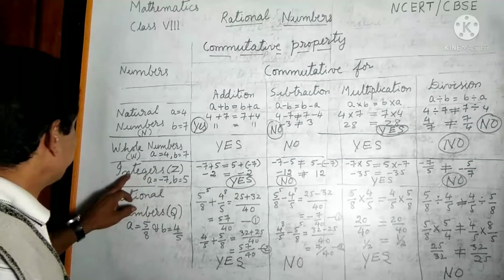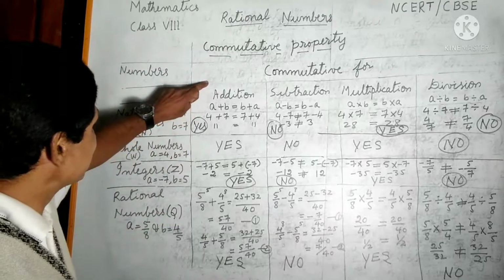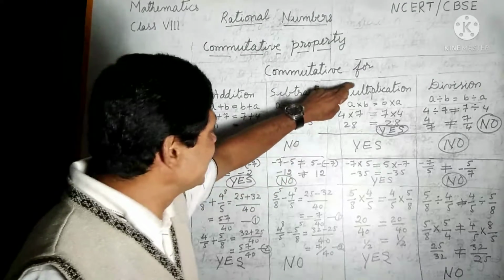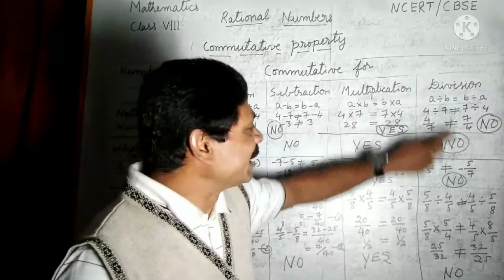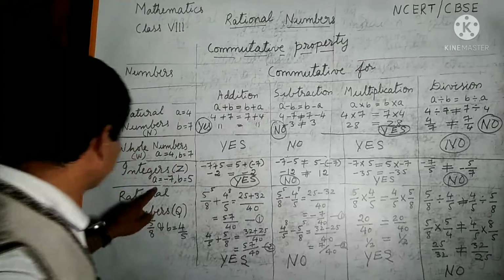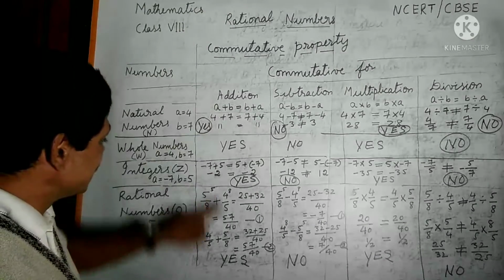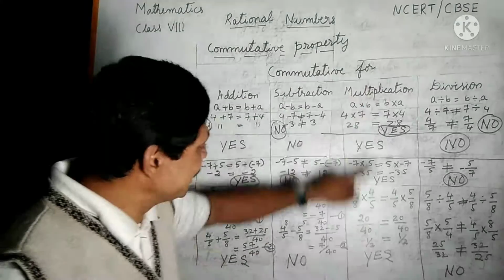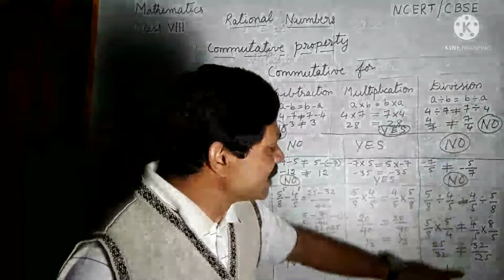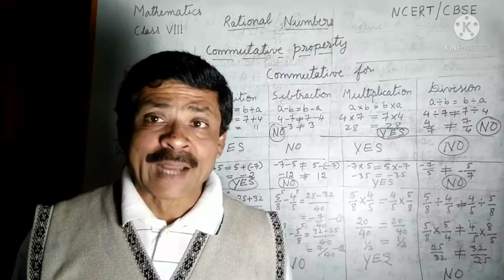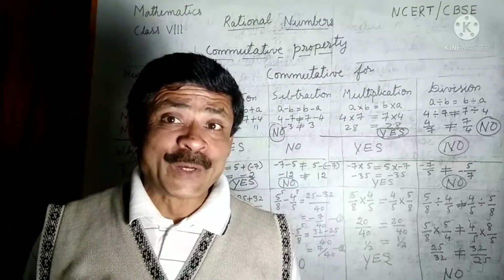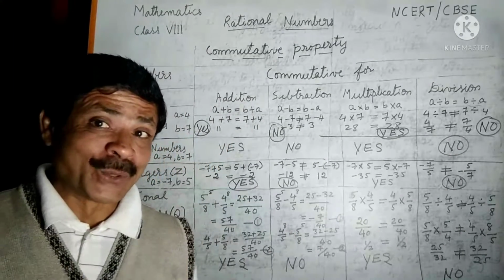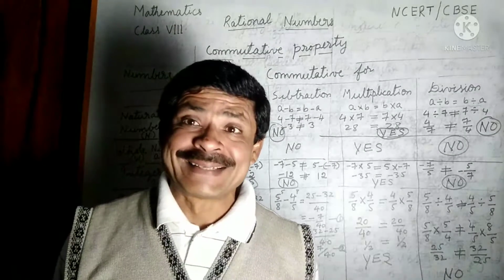Integers a and b, and rational numbers a and b: the same. I feel you have learned the commutative property of rational numbers, natural numbers, whole numbers, and integers.